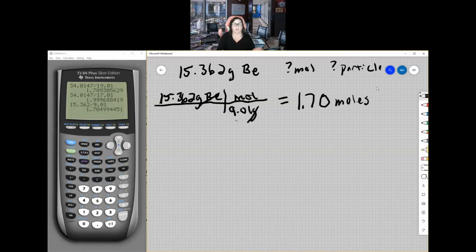Now, in order to go to particles, I know that I need to know the number of moles to be able to do that. And so that's an extension of the calculation that I've already done.